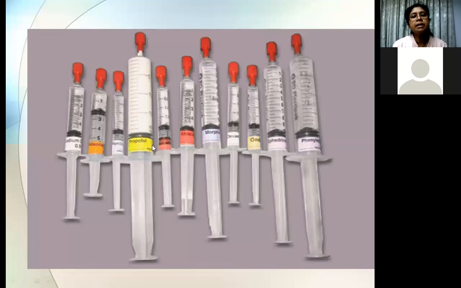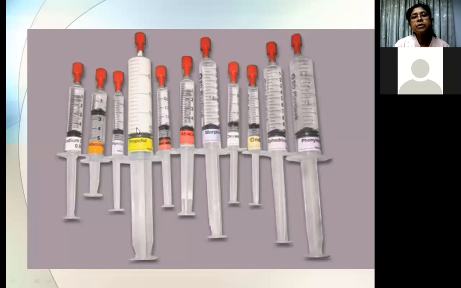Propofol goes as yellow, emetics go as white, morphine goes as blue, the cardiac drugs like adrenaline go as red, and atracurium, paralytic drugs go as red. So there is a color coding with these drugs also.